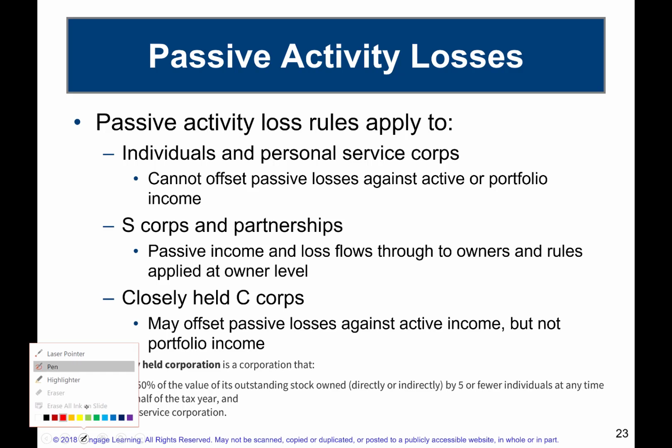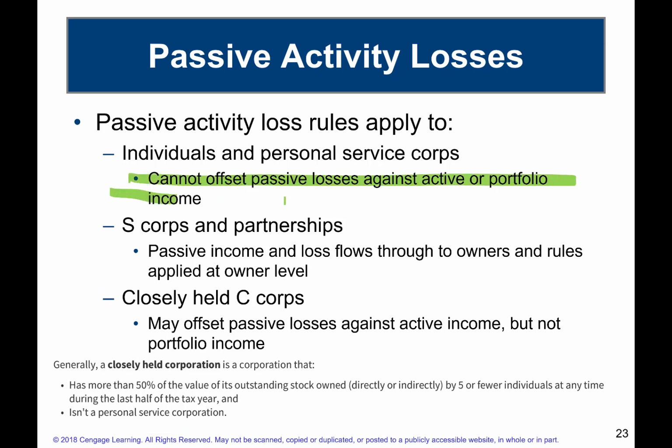So we could take passive activity losses against passive activity gains, but we could not write off passive activity losses against our active and our portfolio income. Remember that, right? Okay. S corporations, since the income flows through to the shareholders, just follow the same passive activity rules as individuals that we talked about a couple chapters ago.